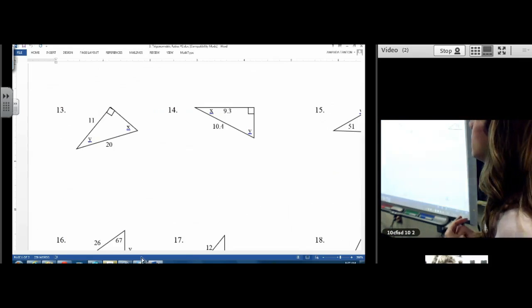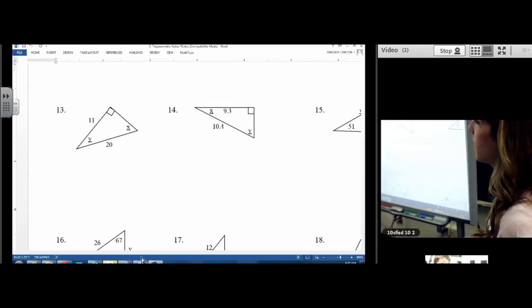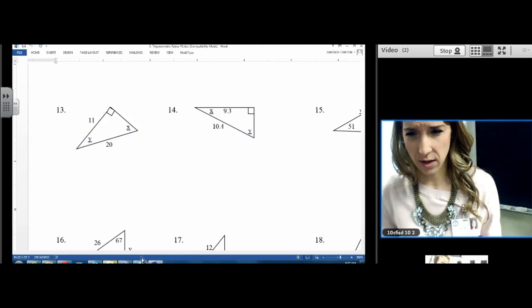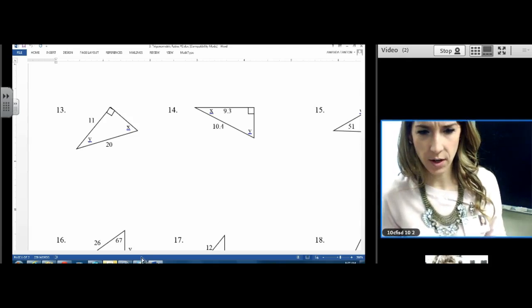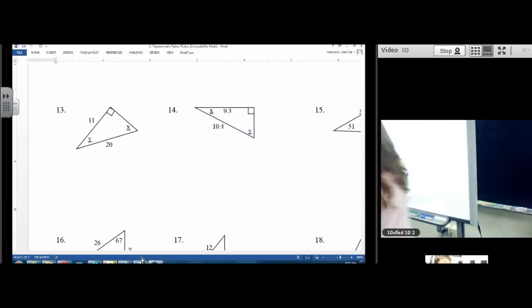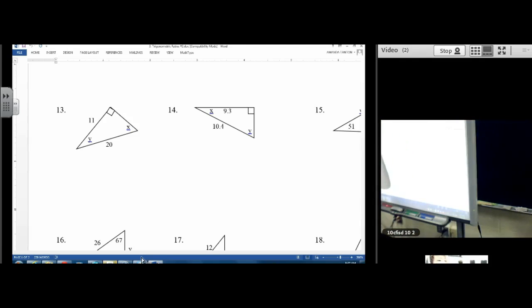Number 13. You're looking for the missing angles. X and Y are angles, so we know we're going to use an inverse function. Say sine of x equals opposite over hypotenuse.